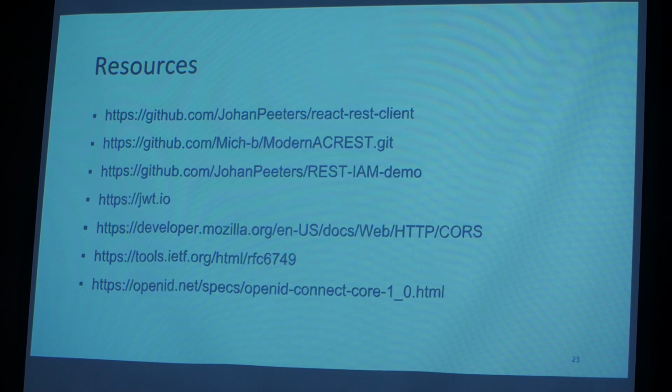The next one, on my GitHub repo, has a Docker container with an authorization server based on Keycloak. Job.io, you've seen, and you should familiarize yourself with the course, as we mentioned, and then there are some standards that are worth reading.